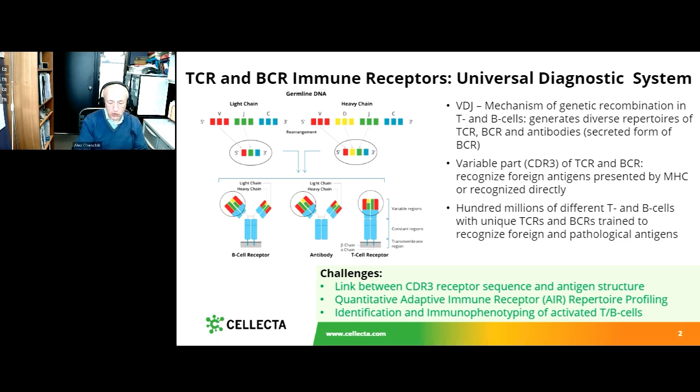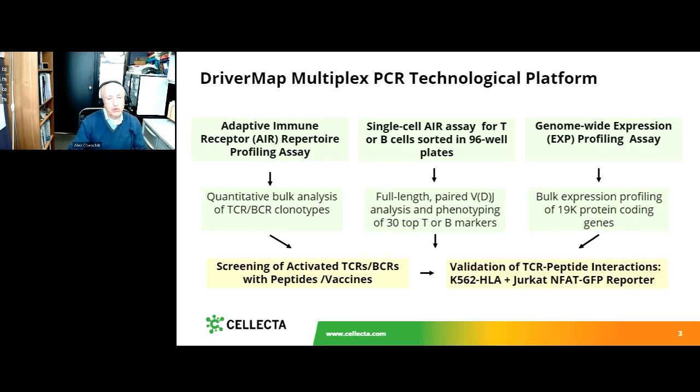So today, in order to facilitate these studies, we developed several technologies, as illustrated on the next slides. First, it's the adaptive immune receptor profiling assay, which allows bulk profiling of TCR and BCR clonotypes.